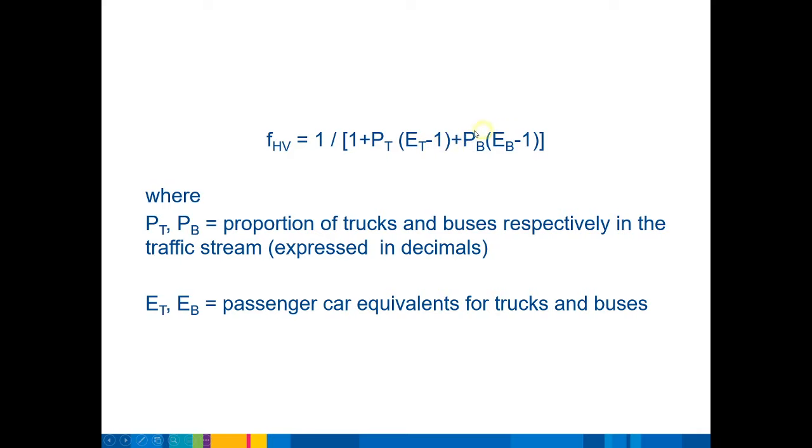We're having a number in the denominator of this expression which is greater than 1, so the heavy vehicle factor is always going to be less than 1. As we increase trucks and buses, we're going to see a decrease in the overall level of service that we can provide for the same flow rate, or rather the decrease in the flow rate for the same level of service. But not particularly fussed about that.